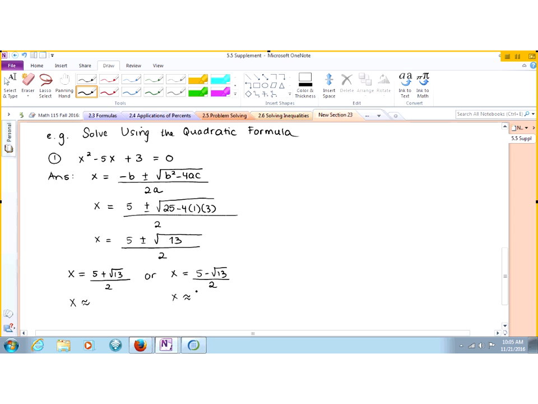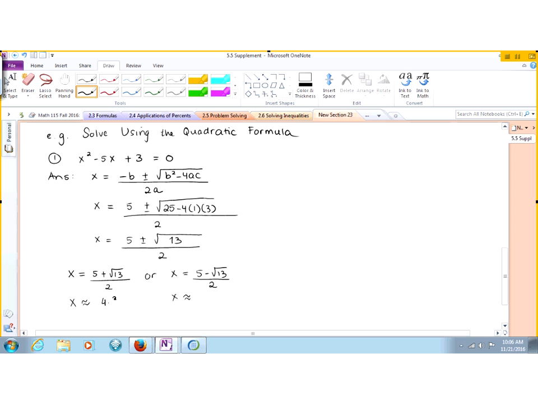Usually we will just deal with the exact answer, but I really want you to find the approximate value. So 5 plus square root of 13 equals, and then divided by 2.